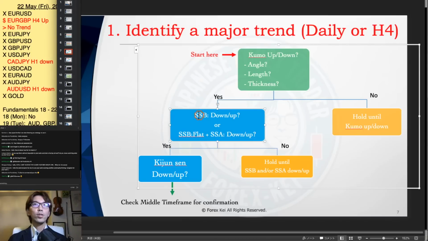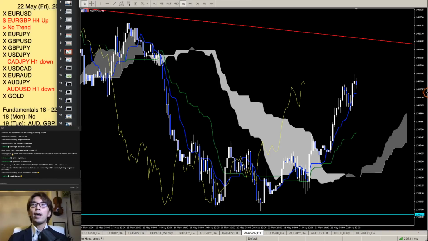So we look at Senko span B and Senko span A. When the Kumo is moving up, this is a little information that you have to remember if you're new to Ichimoku Kinko Hyo: Senko span B is the lower part and Senko span A is the upper part.